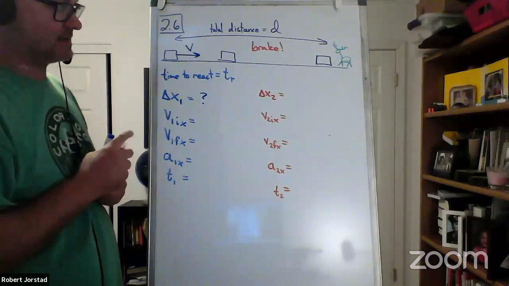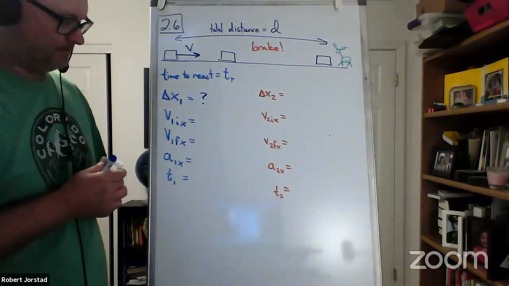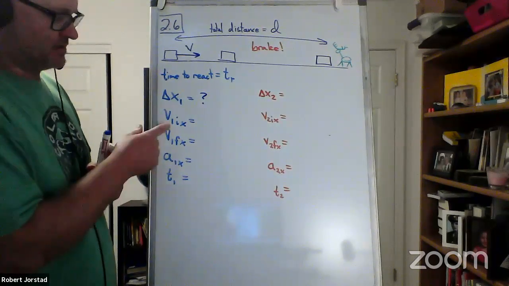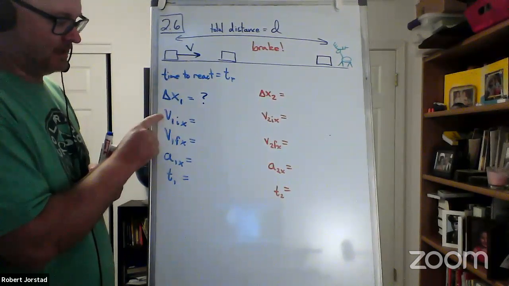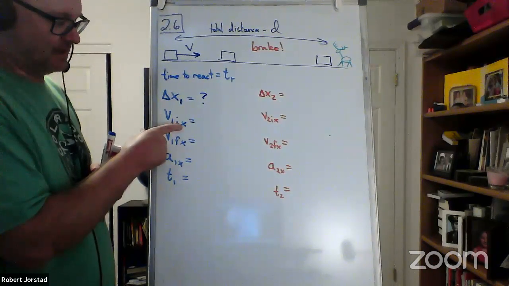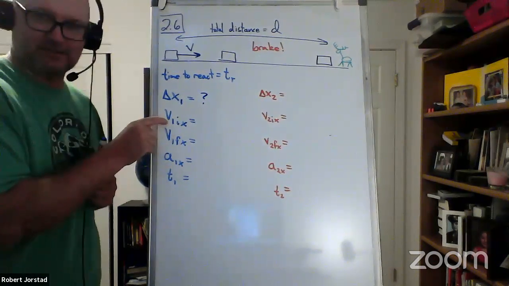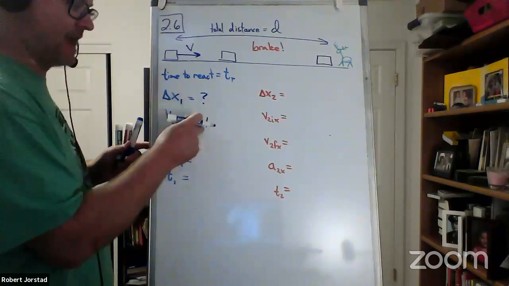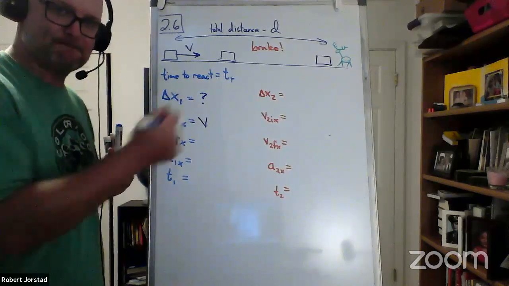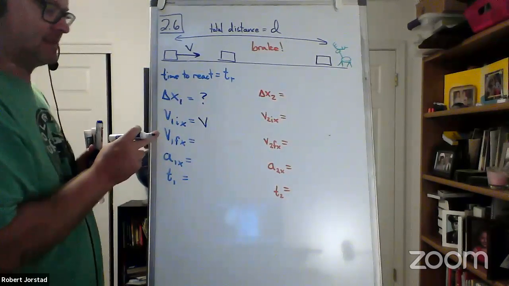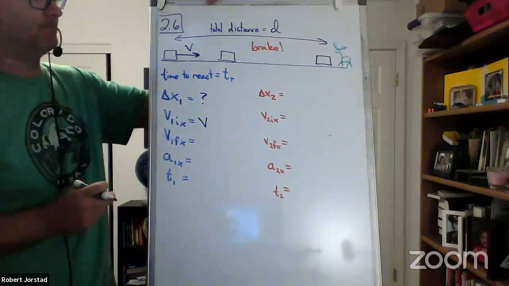All right, so somebody else. Do I know v1 initial x? This would be the initial velocity of the object in the x direction at the beginning of stage 1. It's constant v, and that is known because that was given in the problem, right? Nice. How about at the end of stage 1?